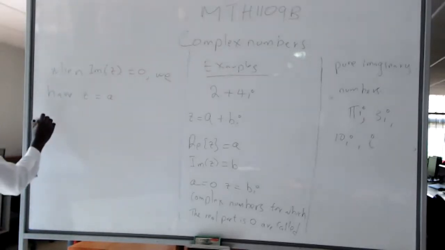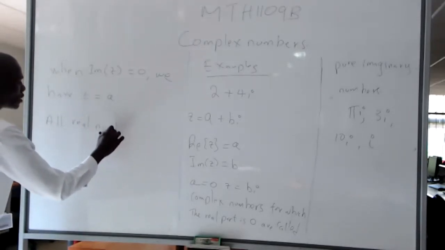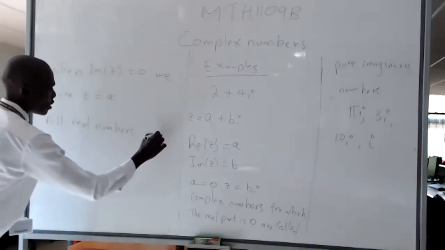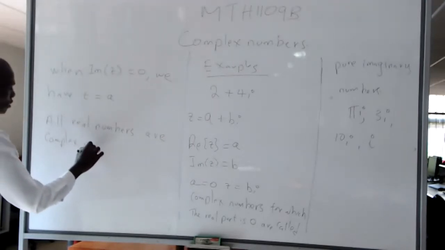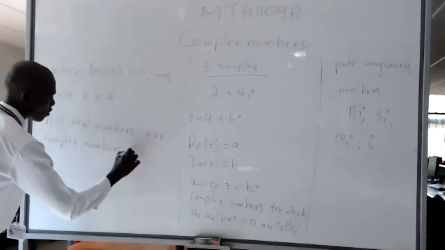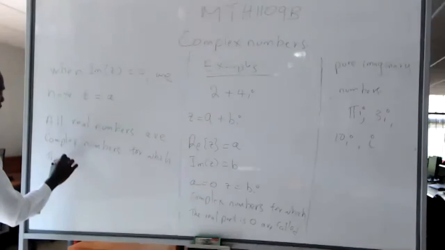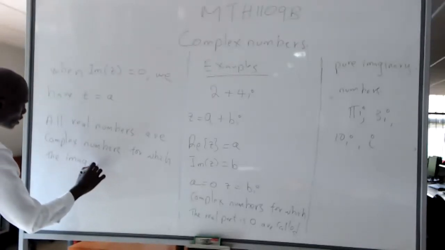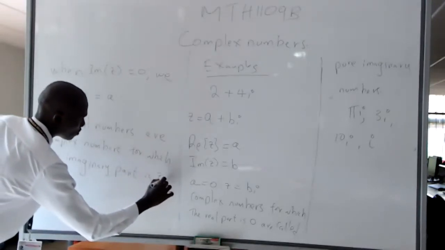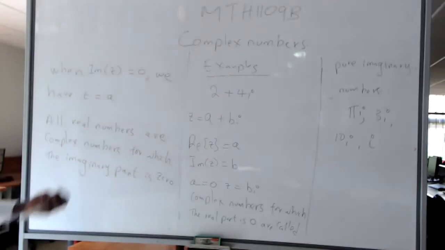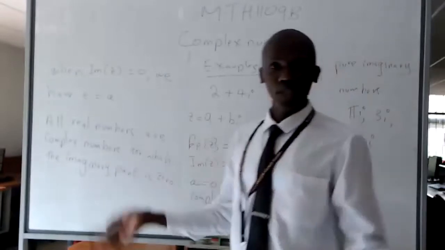Now note that all real numbers are complex numbers for which the imaginary part is 0. So think about any real number. It's a complex number, only that the imaginary part is 0.